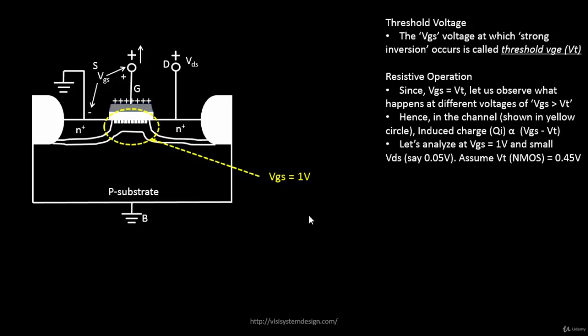Let's put it down here. So you have VGS equal to 1 volt, VDS equal to 0.05 volts, and VT equal to 0.45 volts. One thing is very clear: since VGS is greater than VT, this transistor is turned on. You have a conducting channel between the source and the drain.